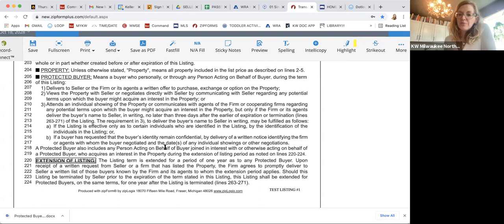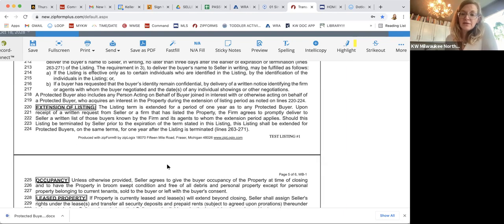You'll get that list from your showing reports. This also includes anyone who the seller was in communication with, and obviously anybody who wrote or submitted an offer that didn't come together during the time of our listing agreement. All of these people become what's called, again, a protected buyer. And if they circle back around within that 12 months after our agreement expires, then we would be owed a commission.